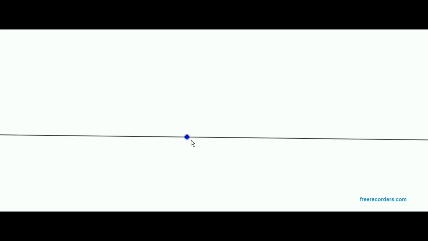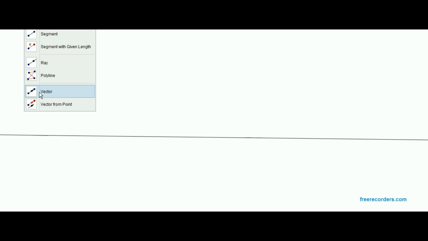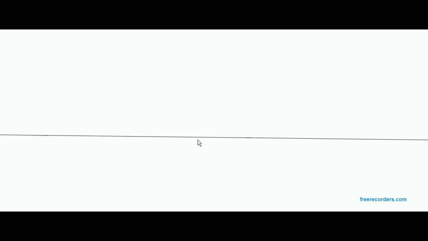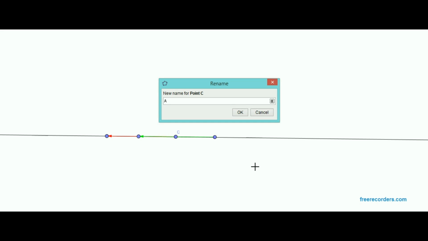So we take any line, and then to specify an elliptic involution on this line, all we have to do is specify a point and its image, and another point and its image. Now, let's label them just for clarity.